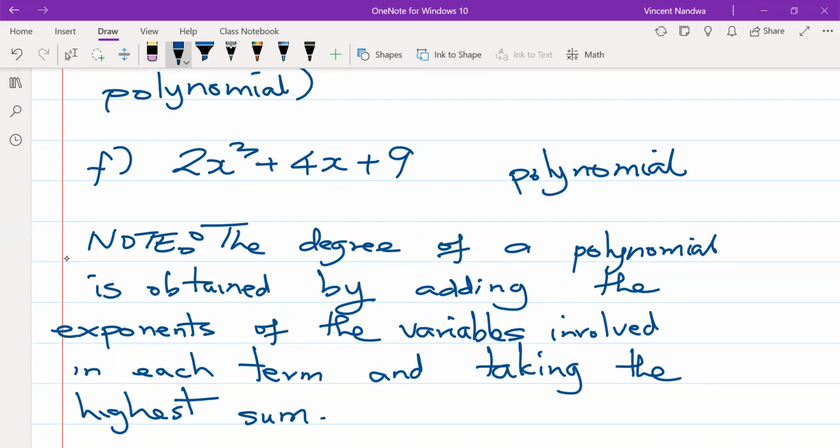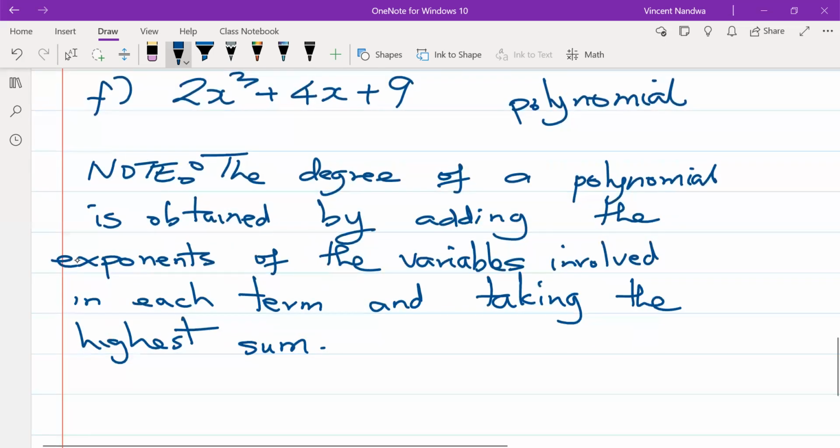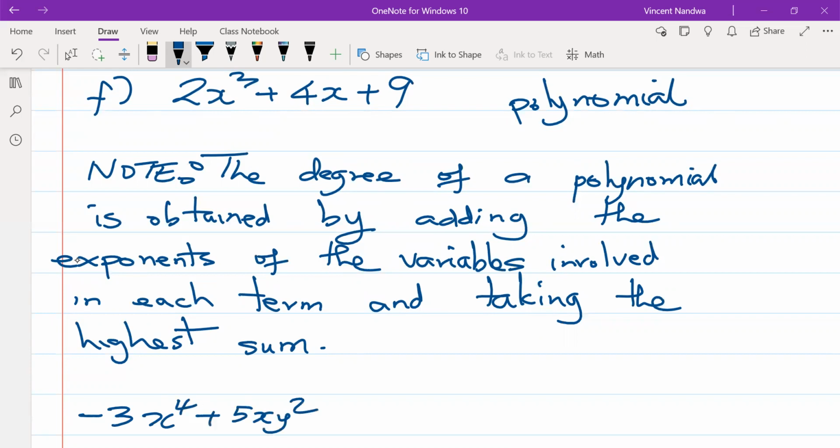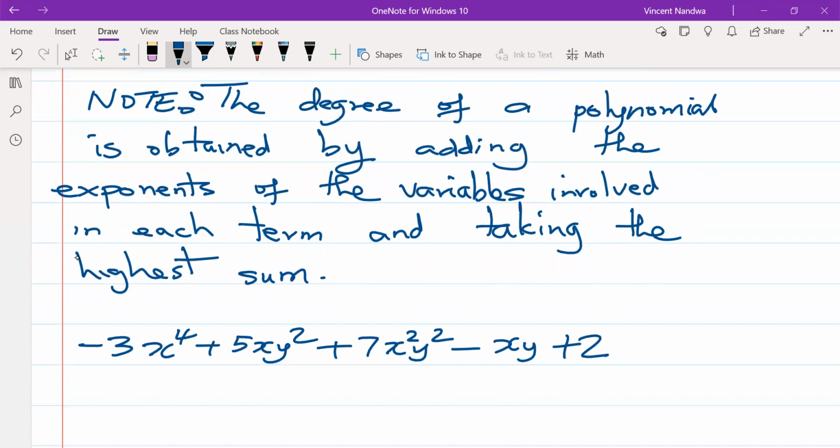So to get the degree of a polynomial, you get the sum of powers in each term and then pick that highest sum. For instance, if I have negative 3x power 4 plus 5xy squared plus 7x squared y squared minus xy plus 2, the term minus 3x power 4 is of degree?